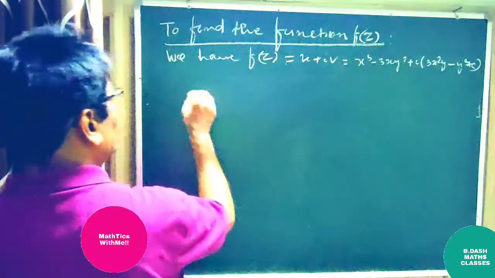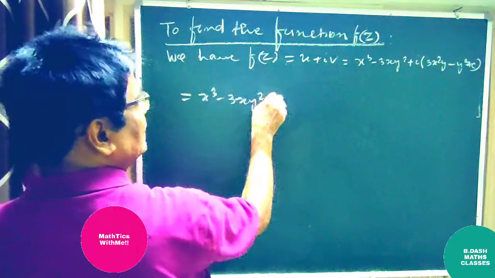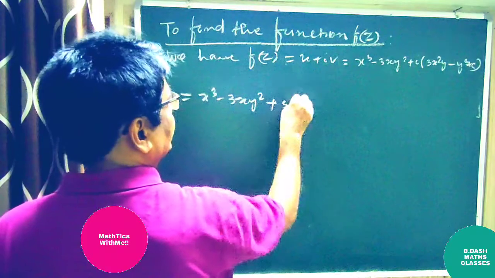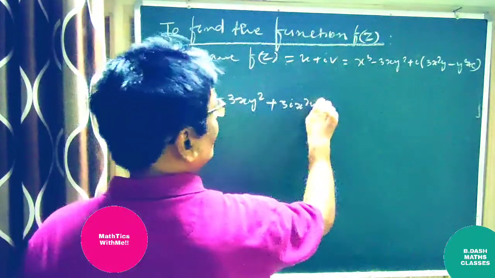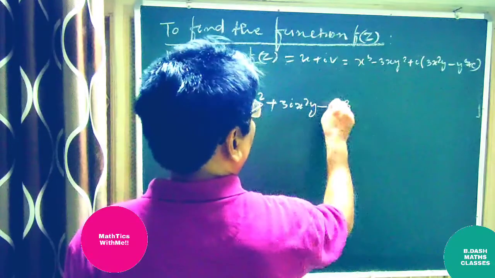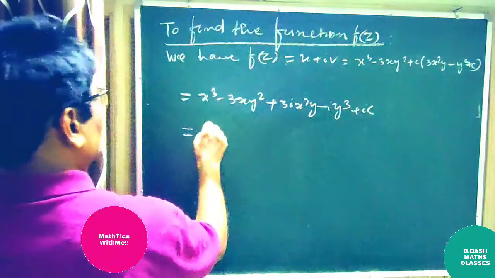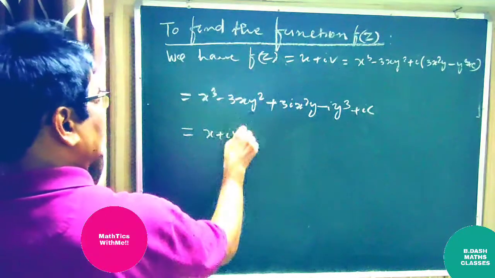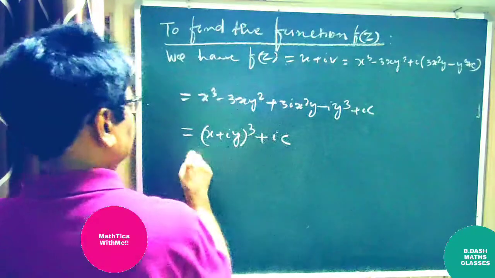So this is equal to x cube minus 3xy square plus 3i x square y minus i y cube plus ic. So this is x plus iy whole cube plus ic.